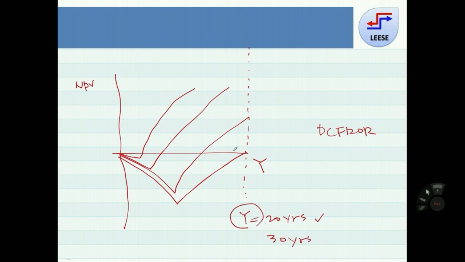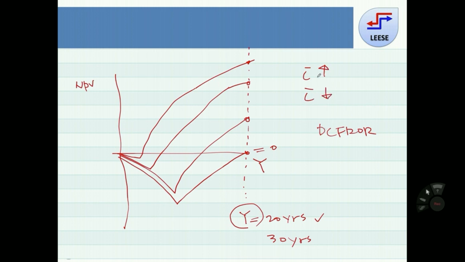It's a given. And at the end of the project, the final NPV becomes 0, okay?